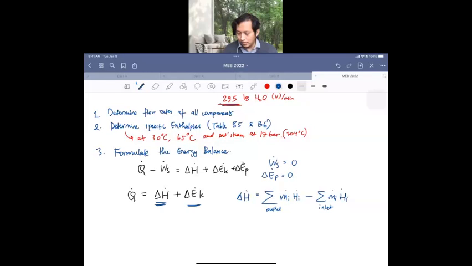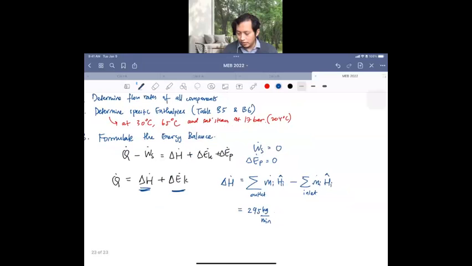So we need to focus on finding which one is the outlet, which one is the inlet. So first, the outlet, the flow rate is 295, right? And the specific enthalpy is 2793 kilojoule per kilogram. Okay, I think this is for the outlet minus the inlet.